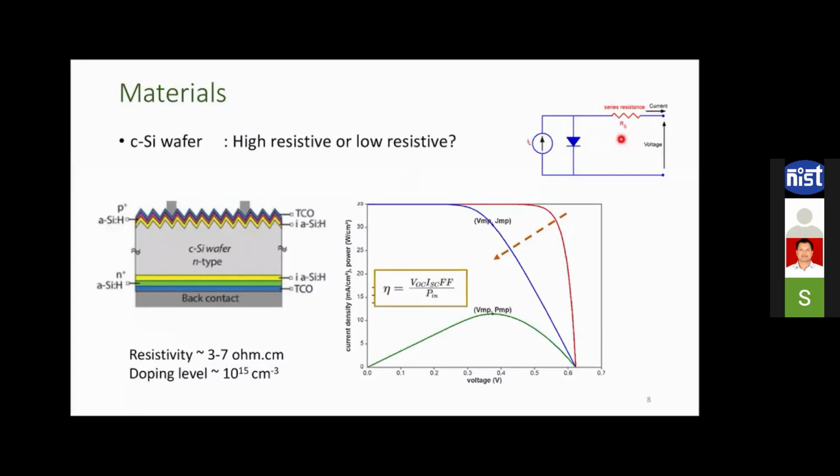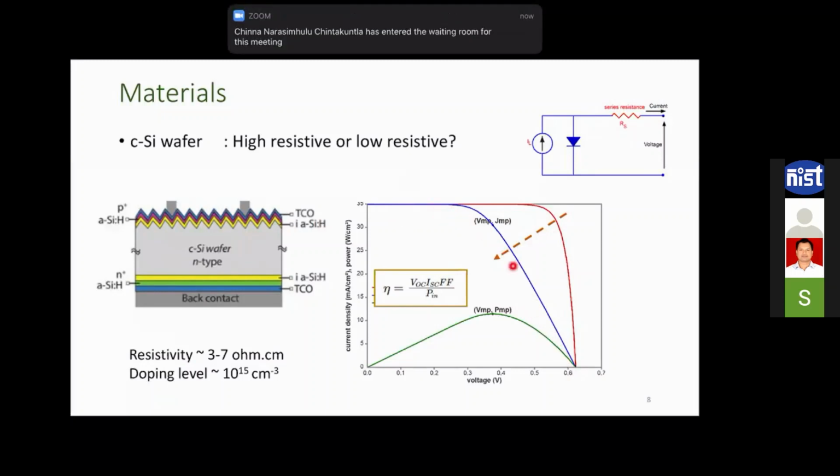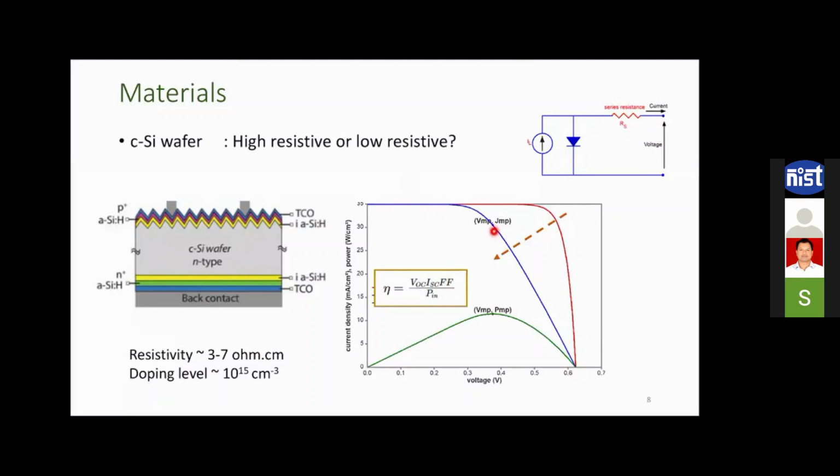If the series resistance increases, it decreases the fill factor. So the fill factor is the squareness of your IV curve of your solar cell. If you are losing in your fill factor, then you are losing the squareness of your IV curve, and this will reduce the maximum power point or the maximum power that you can get from your solar cell.